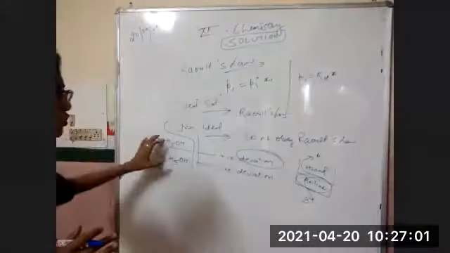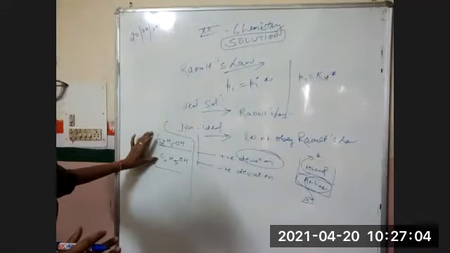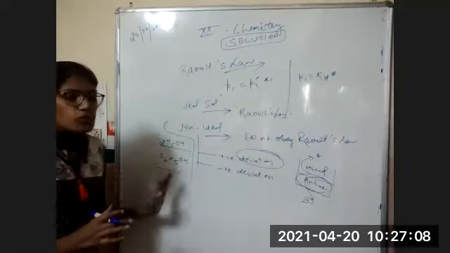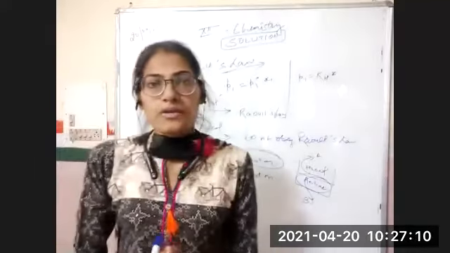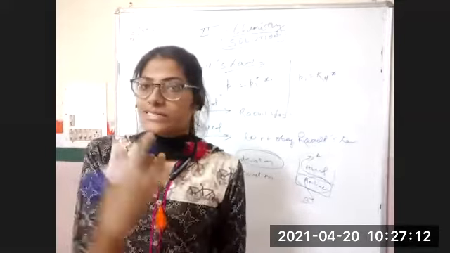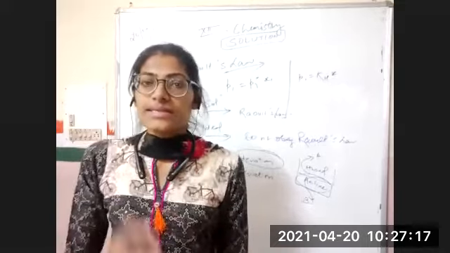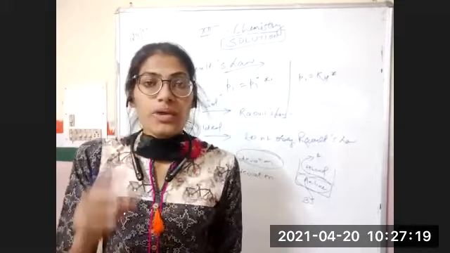So in this solution, we have ethanol and ethanol. These ethanol molecules have hydrogen bonding between them. We know very well, as we studied in the 9th, 10th and 11th class, that there is a kind of bonding known as hydrogen bonding.